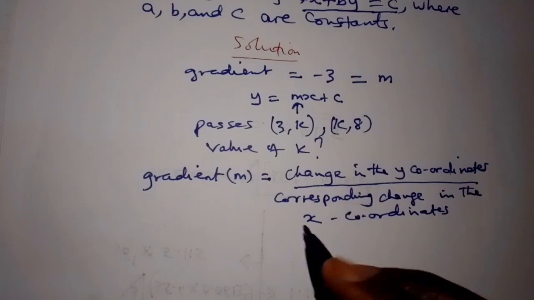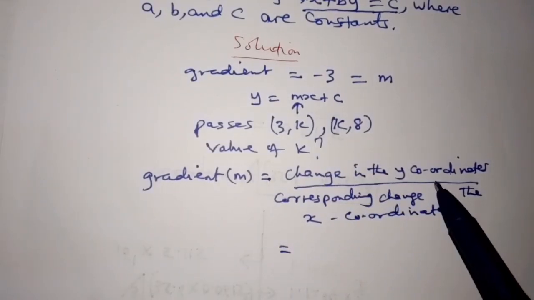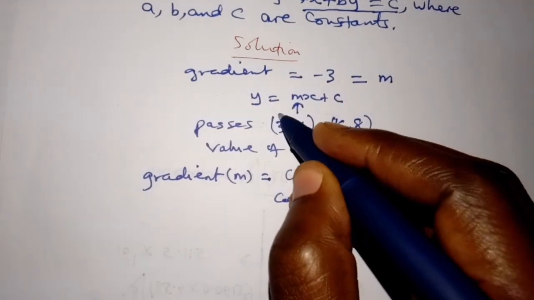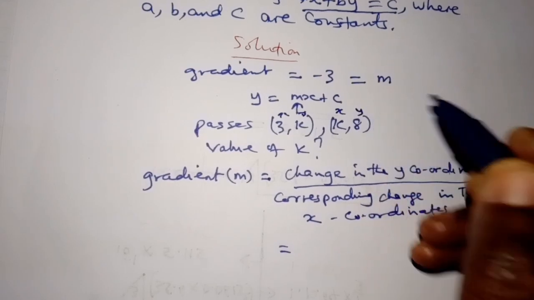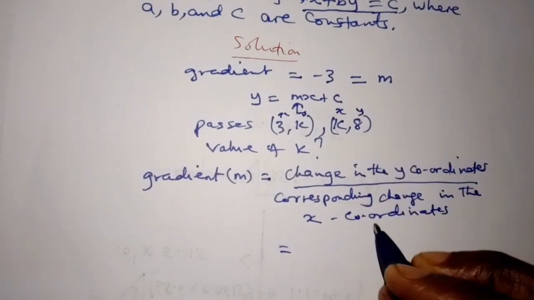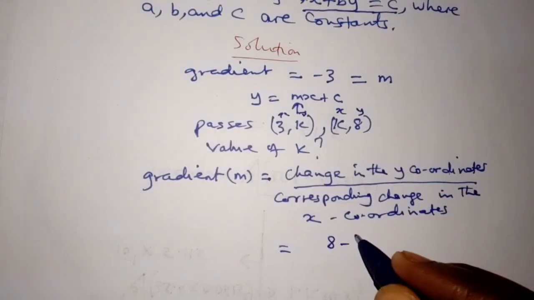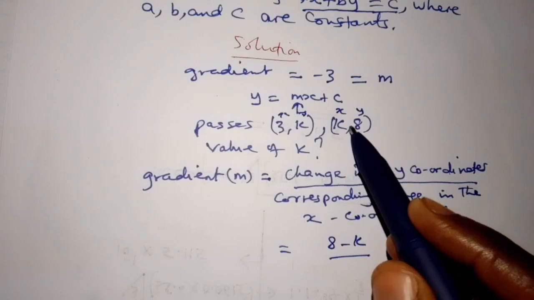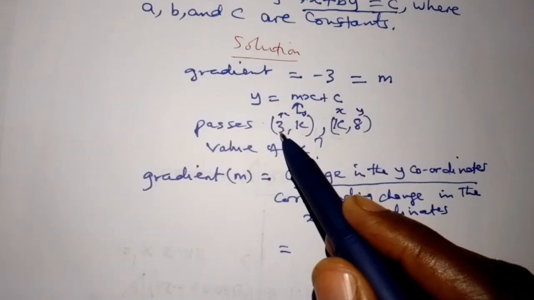So the change in the y coordinate is 8 minus k, over the change in the x coordinate, that is k minus 3.